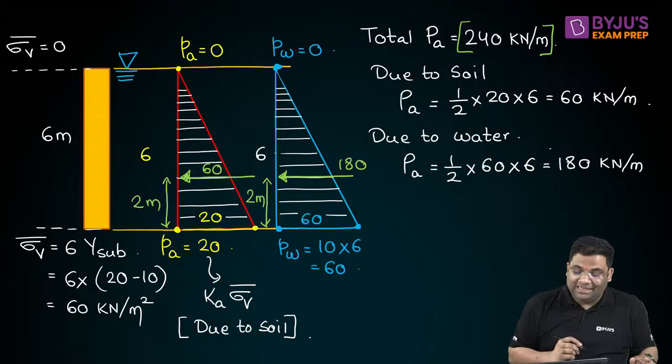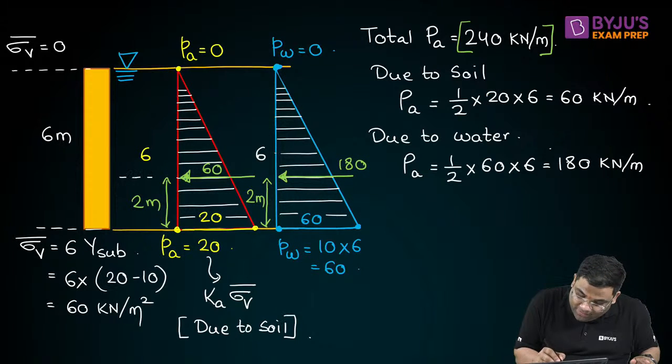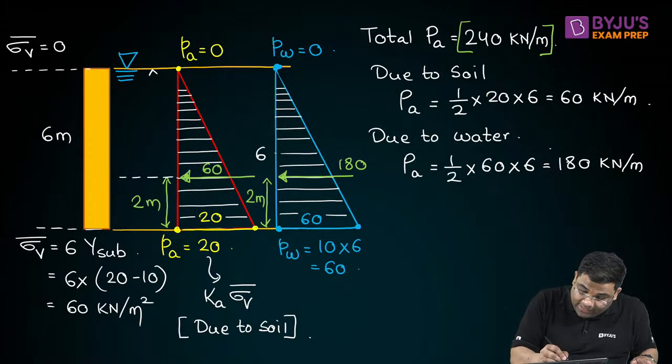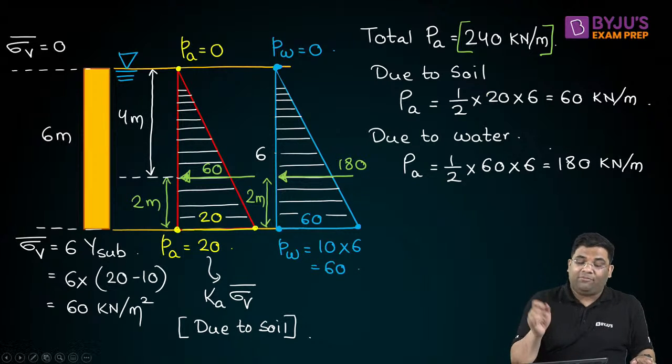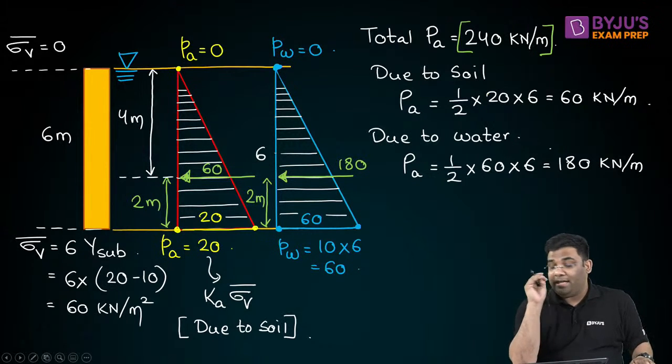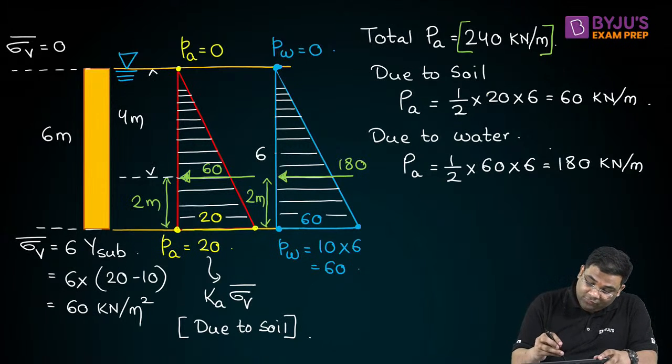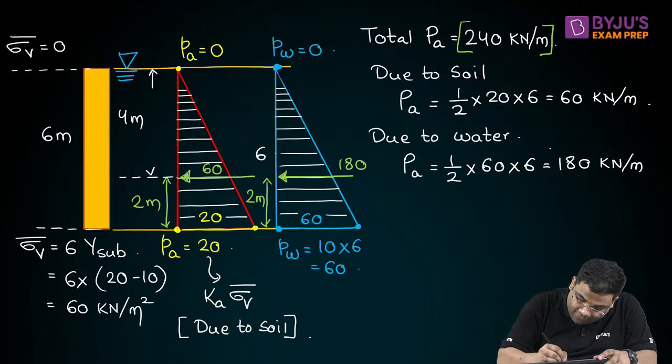So you have to see what is written in the question. This is 2 meter from the base of the retaining wall, but from the top it is 4 meter. I can say at a depth of 4 meter from the top. So you have to be very careful what they are asking in the examination. Now, this was the combined effect of your water and soil.